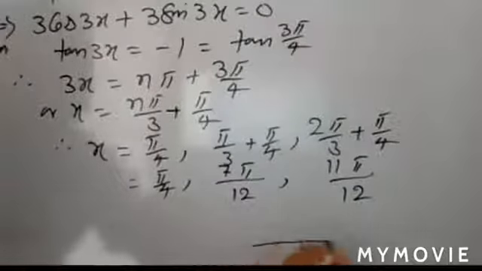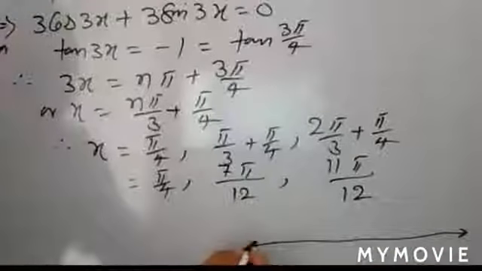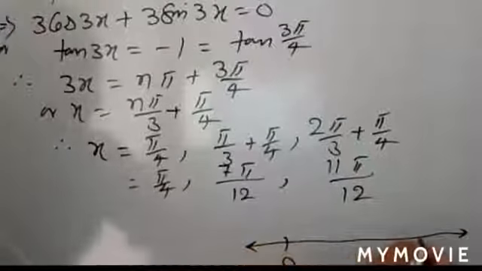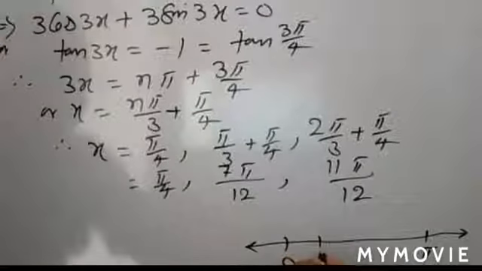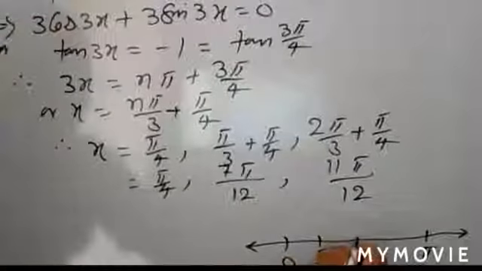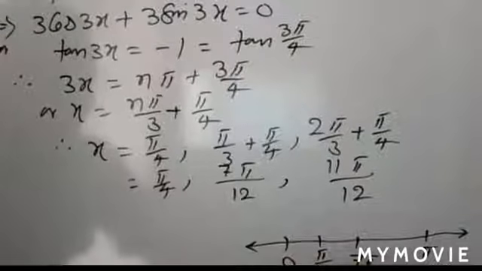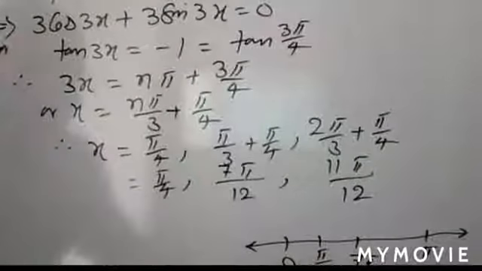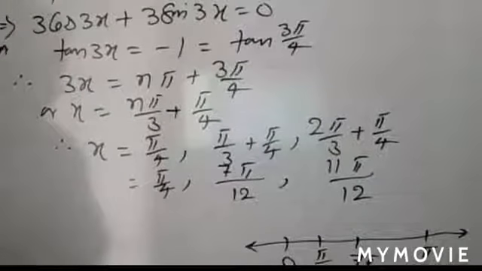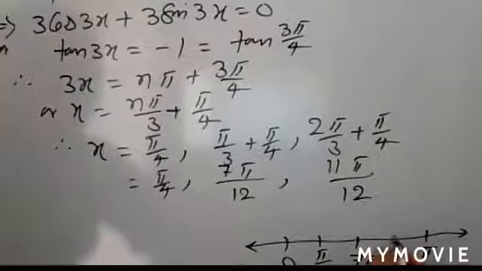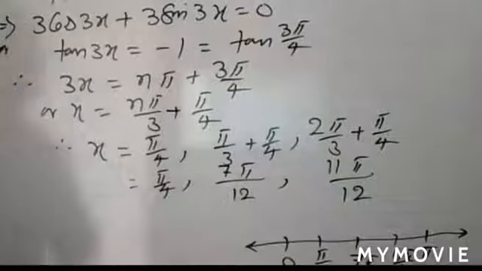Now you only have to check the sign of f dash x. So you draw a number line. Here you have 0, here you have pi, and in between them pi by 4, then 7 pi by 12, and then 11 pi by 12.